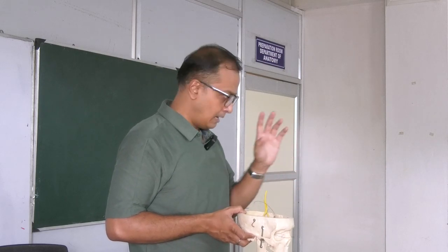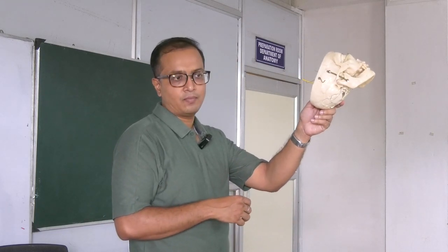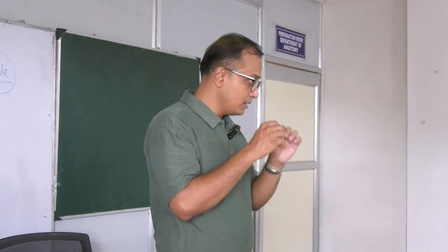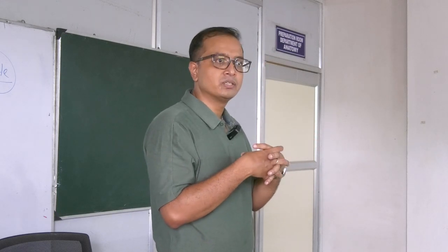That's it. Along with that, we are left with this big foramen, the foramen magnum. What does it transmit? It transmits the base of the brain, that means the brainstem. We call them midbrain, pons and medulla. The medulla part is projecting out of it, along with its covering, the meningeal sheath.